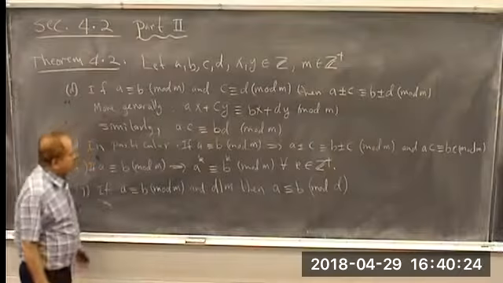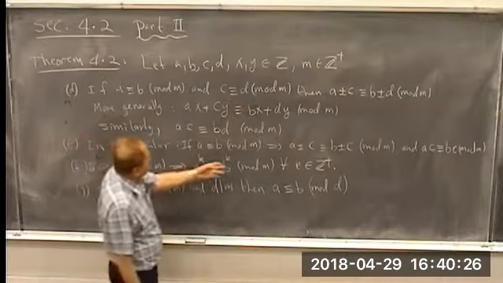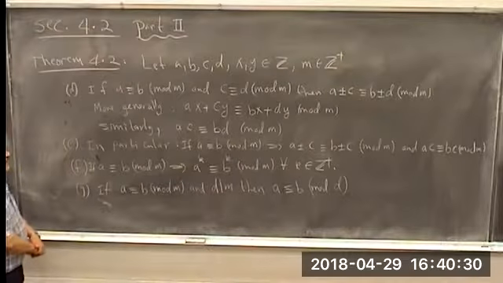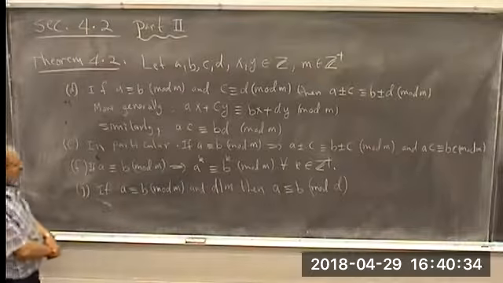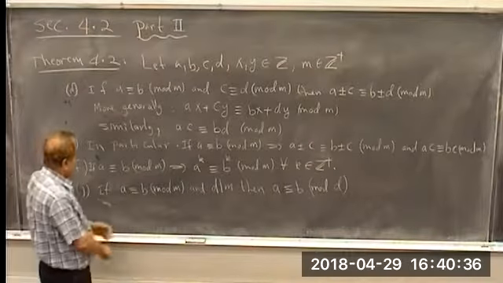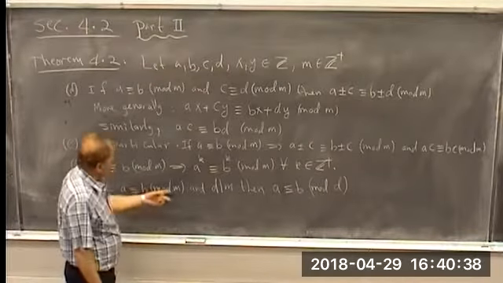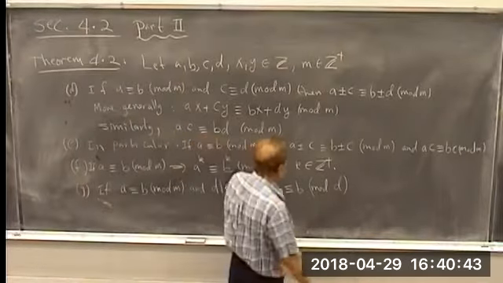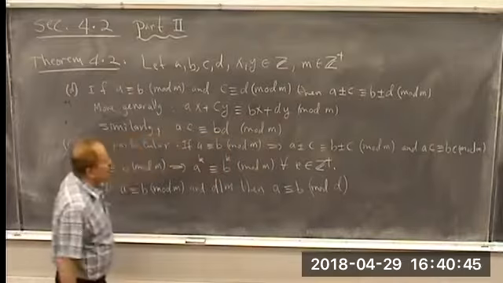And if we take any positive power of the two sides of the congruence, this also remains valid. One other property is that if A is congruent to B mod M, then A is congruent to B mod any divisor D of M.